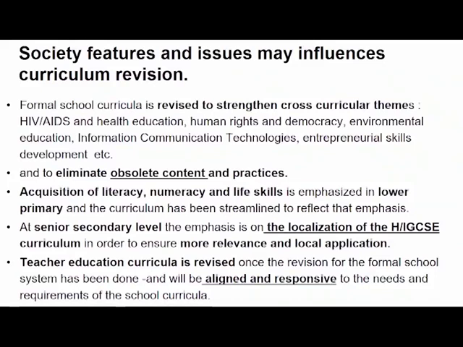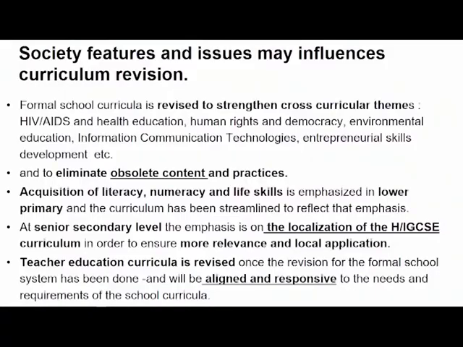If we look, for instance, at cross-curricular themes, we might work in things like HIV/AIDS and health education, human rights and democracy, etc., when we revise our curricula, depending on what the needs of our society are. At the same time, we eliminate obsolete content and practice. When something is obsolete, it means it's no longer valid, or it doesn't make sense to have it as part of the curriculum anymore.